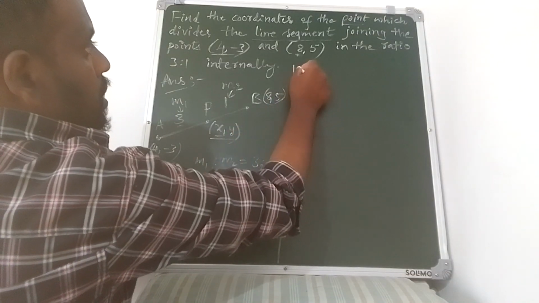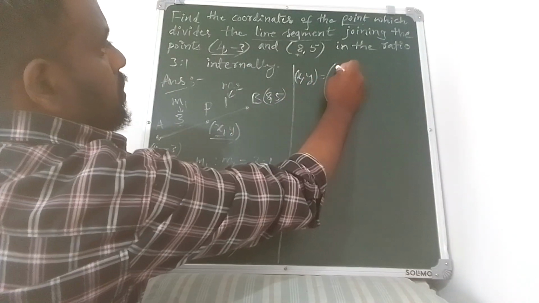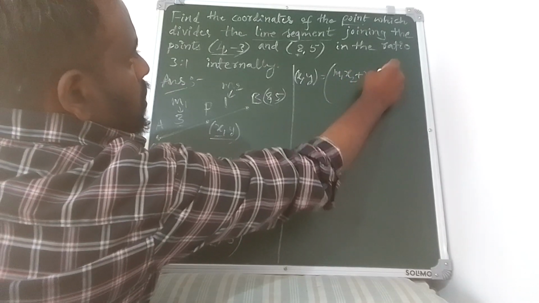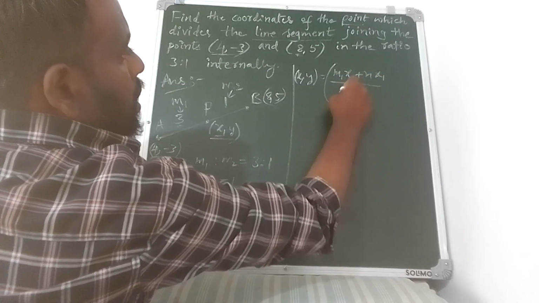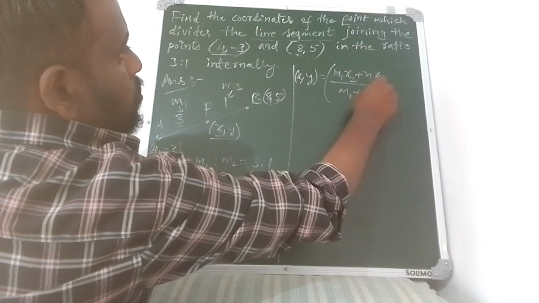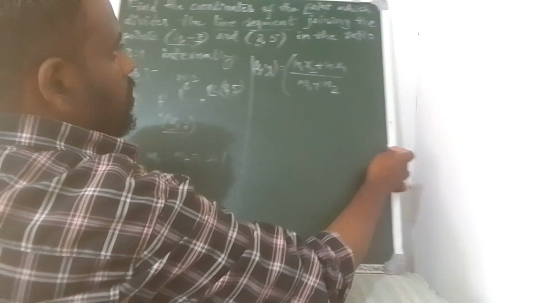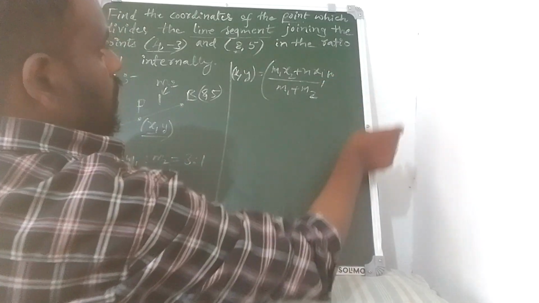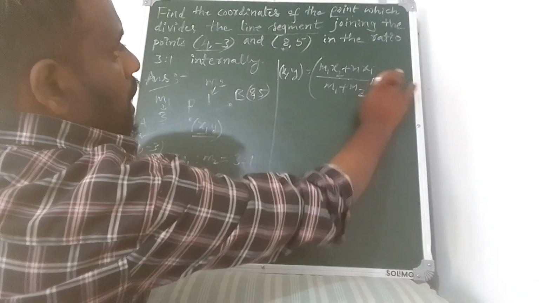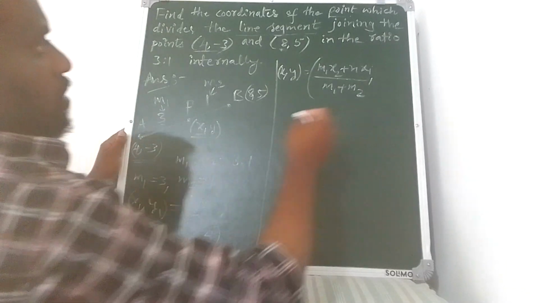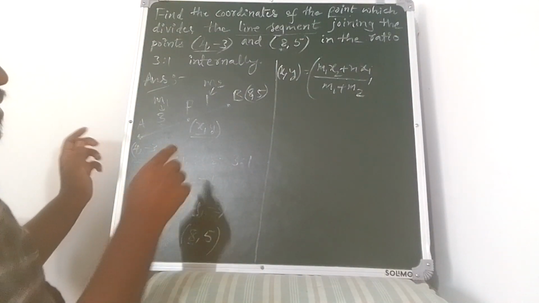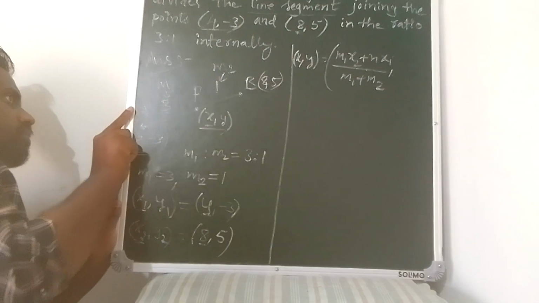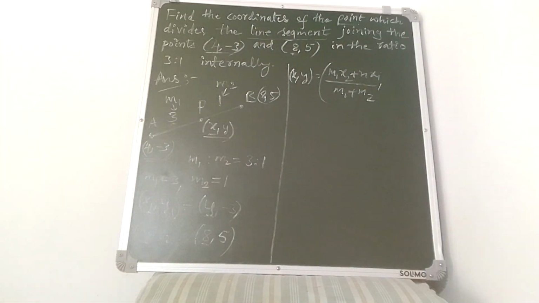So (x, y) is equal to m1 x2 plus m2 x1 whole divided by m1 plus m2. Just one minute, I will come back.